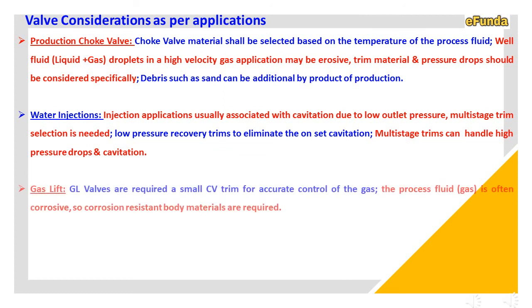Gas lift. Gas lift valves require a small trim for accurate control of the gas. The process fluid gas is often corrosive, so corrosion resistant body materials are required.